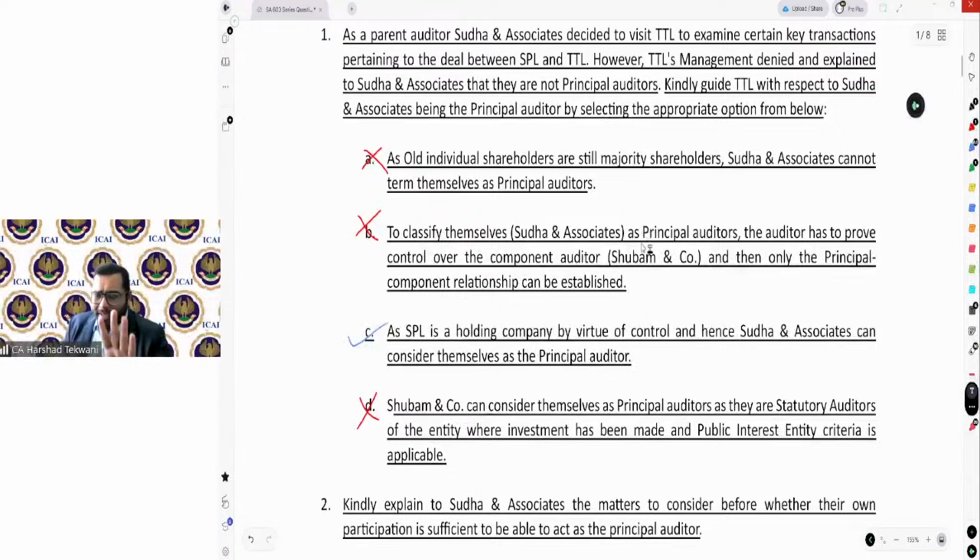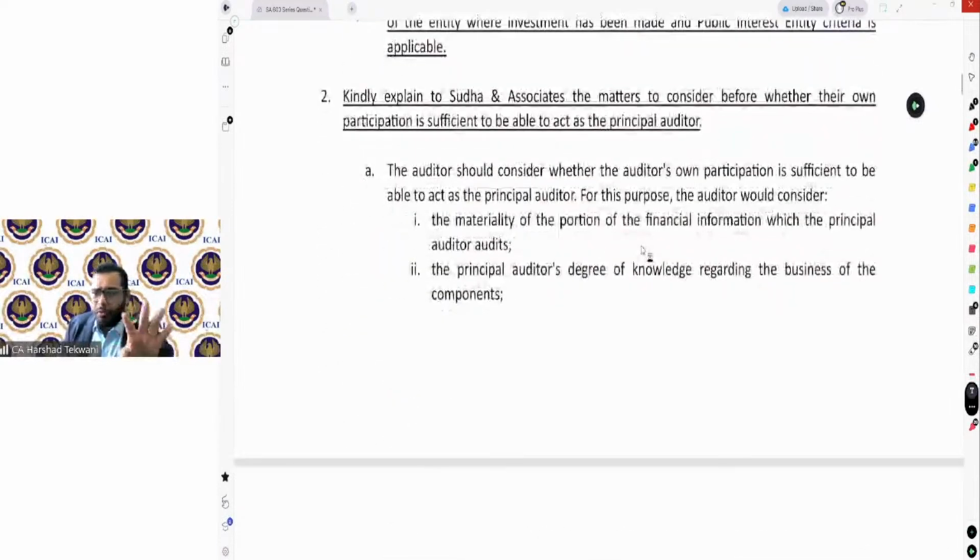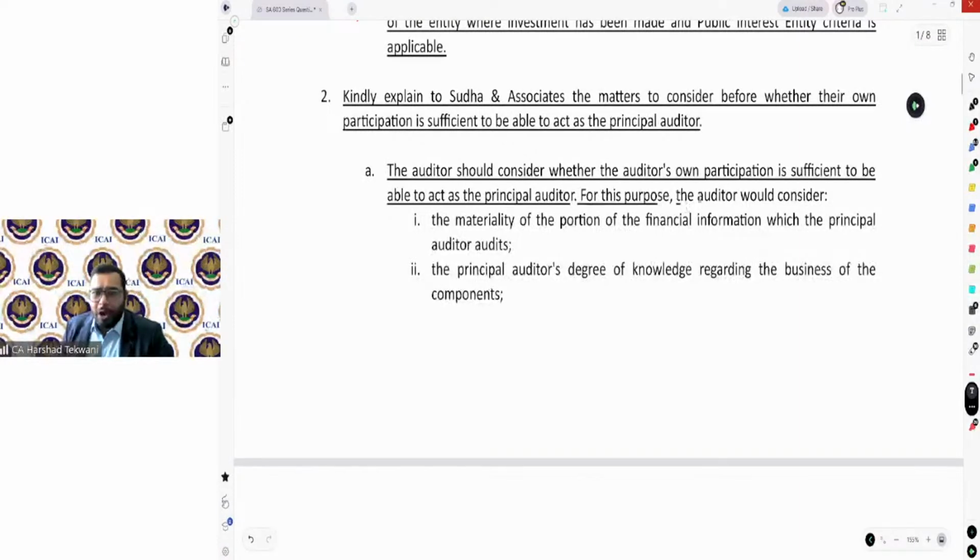There are four major categories into which I can divide the things required to be considered. The auditor should consider whether the auditor's own participation is sufficient to be able to act as a principal auditor. For this purpose, the auditor would consider the materiality of the portion of the financial information which the principal auditor audits.